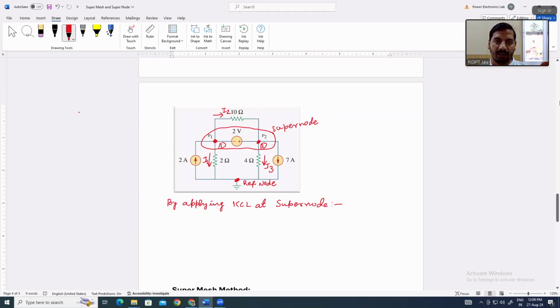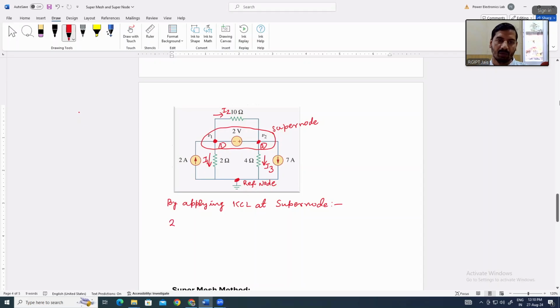What are the incoming and outgoing currents to this super node? The 2 ampere source, then I1, the current through this 2 ohm, I3 through this 4 ohm, and the 7 ampere. As per KCL, the incoming current is equal to the outgoing current, or the algebraic sum of the currents entering and leaving the node is 0.